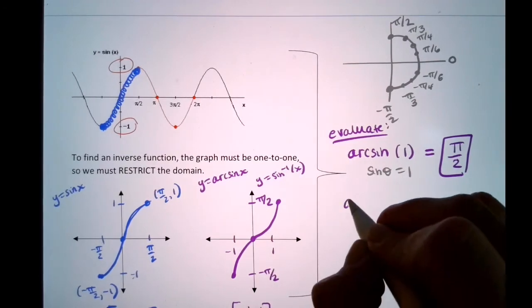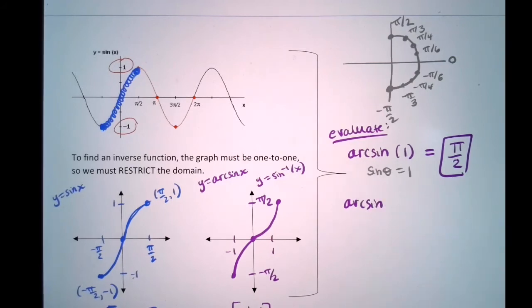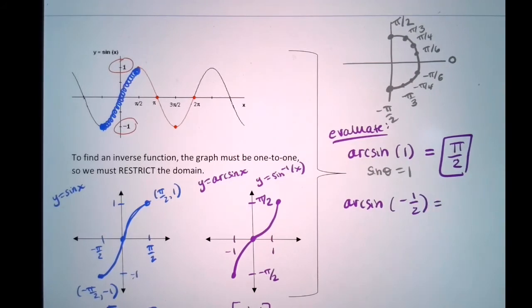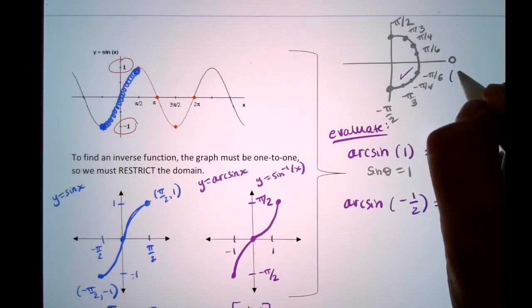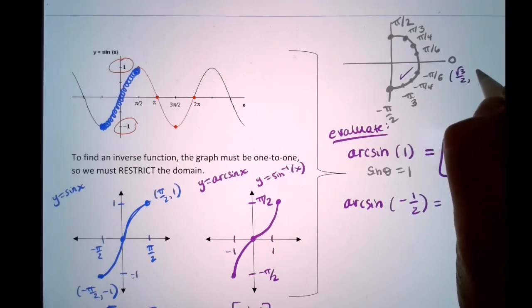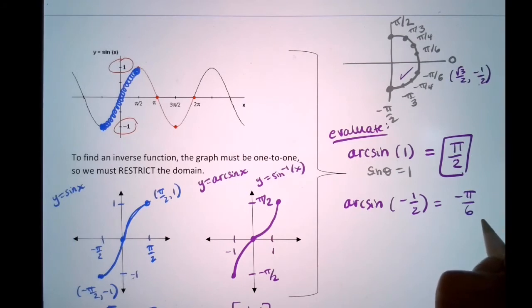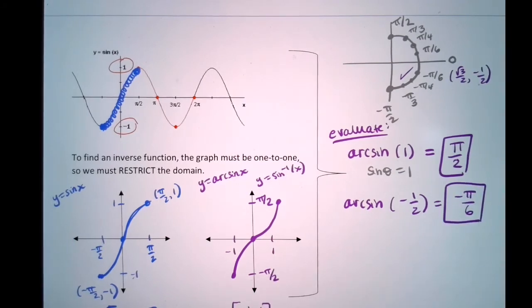Evaluating another, arc sine of negative 1/2. So again, that means a y value of negative 1/2. Well, where the y values are negative are down here in quadrant 4. And right here at negative pi over 6, this ordered pair is root 3 over 2, comma, negative 1/2. So that means my answer to arc sine of negative 1/2 is negative pi over 6.